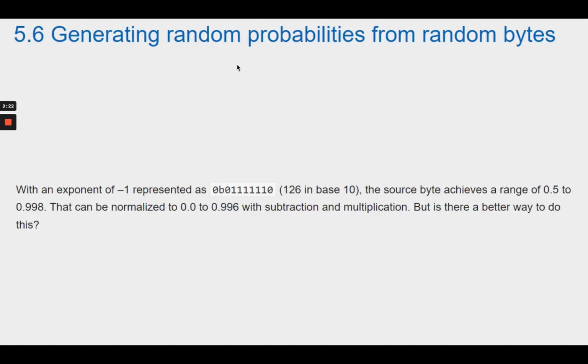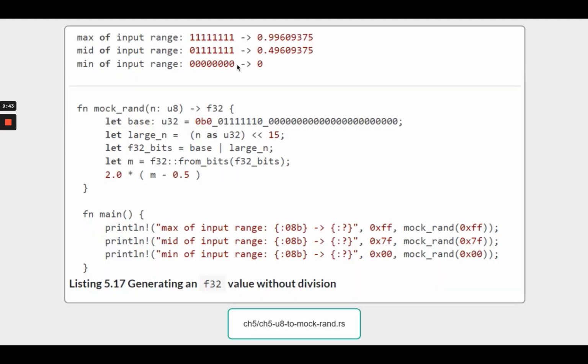With an exponent of -1 represented as 126 in base 10, the source byte achieves a range of 0.5 to 0.998. That can be normalized to 0.0 to 0.996 with subtraction and multiplication. But is there a better way to do this?